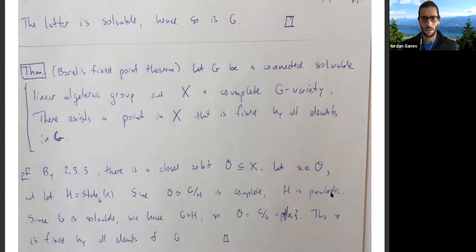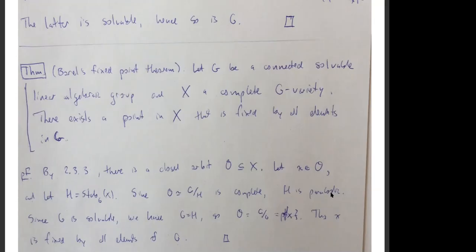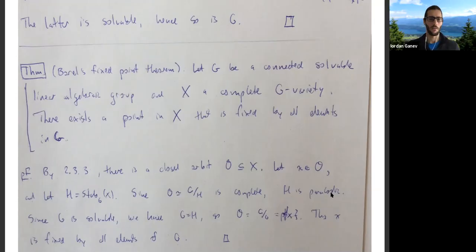The orbit is closed, and it lives inside of a complete variety, so it must be itself complete. Oh, so you identified it as the orbit. Okay, thank you. Yeah. So anytime we have an orbit and we pick a point, then we can identify the orbit with G mod H. Okay, everybody good with this theorem?